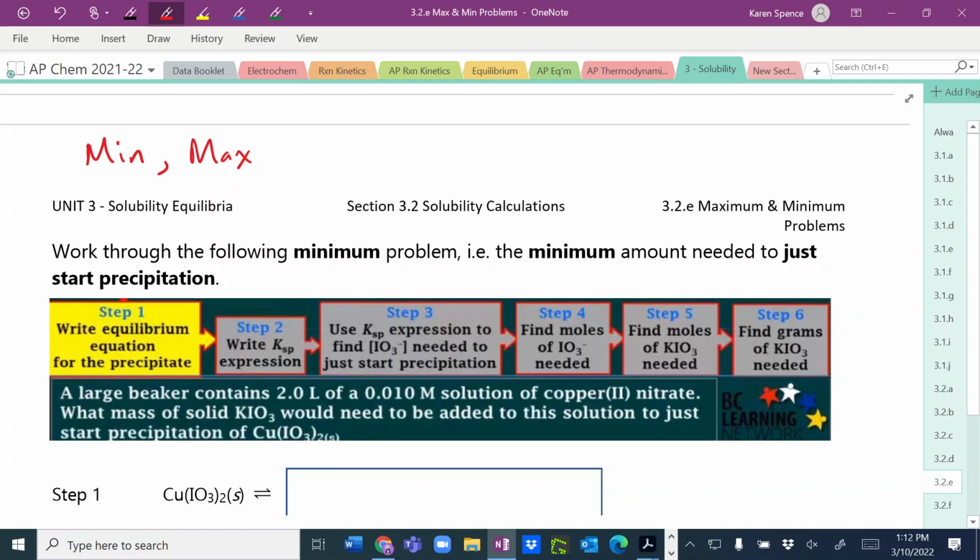Yes? Because if you say, what's the maximum I can have without a precipitate forming? You're like, I'm adding and my ion product is getting bigger and bigger until eventually it's going to hit KSP. And once it hits KSP, it tips over and a precipitate forms. But right when it's equal to KSP, you can say, that's the maximum I can have without a precipitate forming. But it is also sort of the minimum I need to just barely start precipitation.